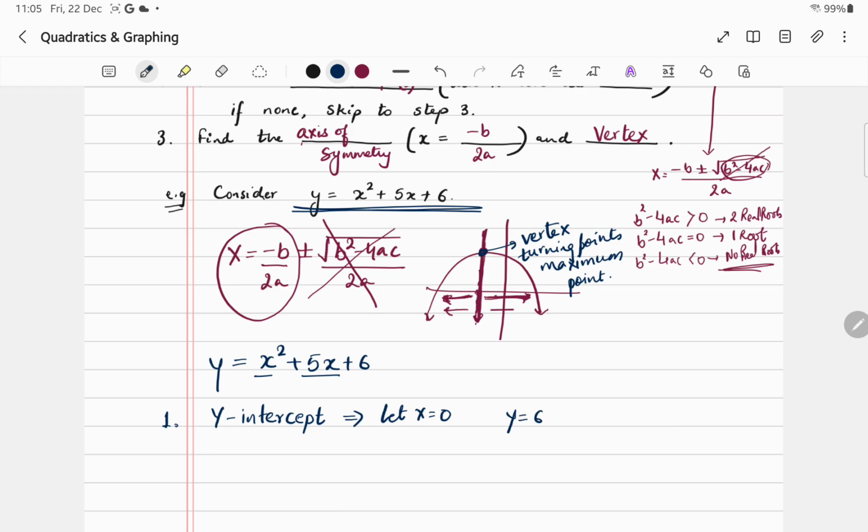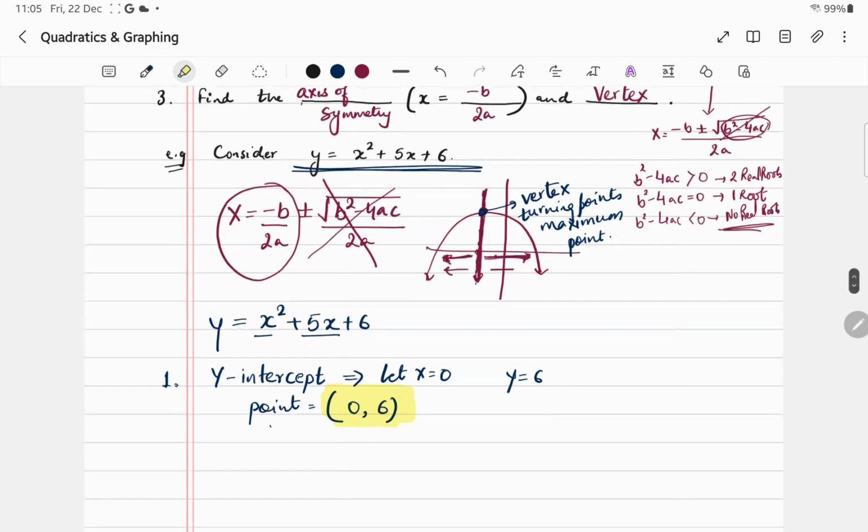It is always good to find that coordinate because we are plotting on a coordinate axis. So the coordinates are (0, 6), and we put this point on the graph.